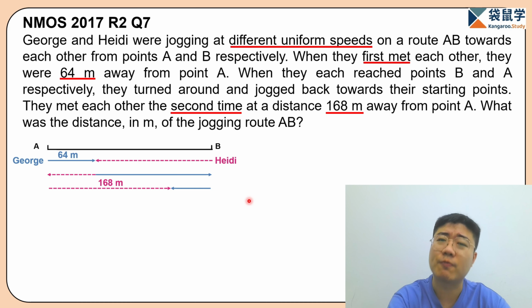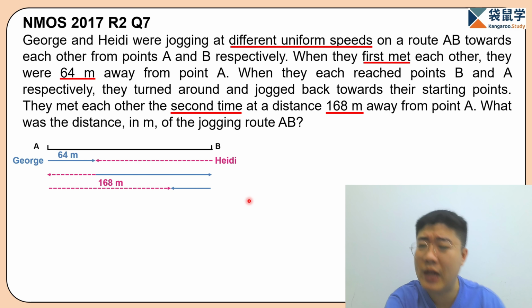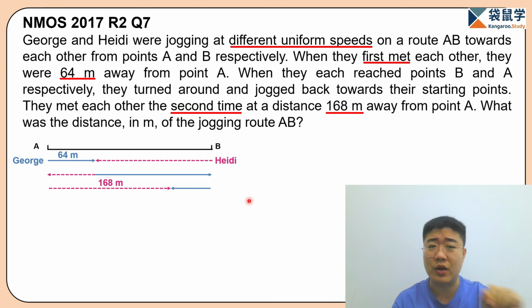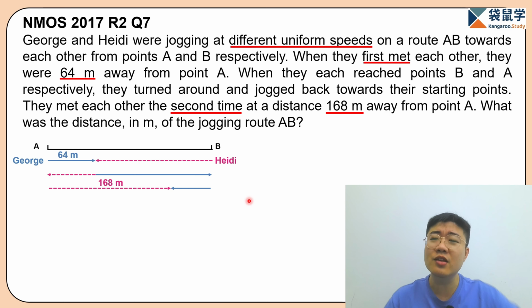But for this question, do we know the speed of George and Heidi? We are going to realize that we do not know their respective speeds. They only say that their speed will be constant throughout the journey, but what value? We do not know. And the other thing is, do we know about the time?